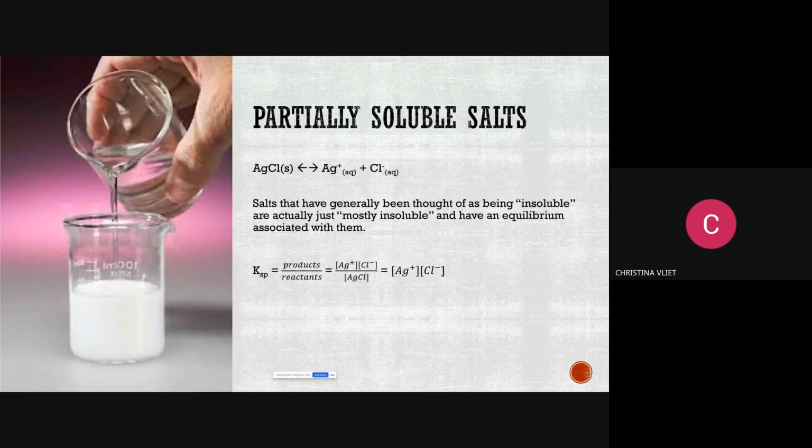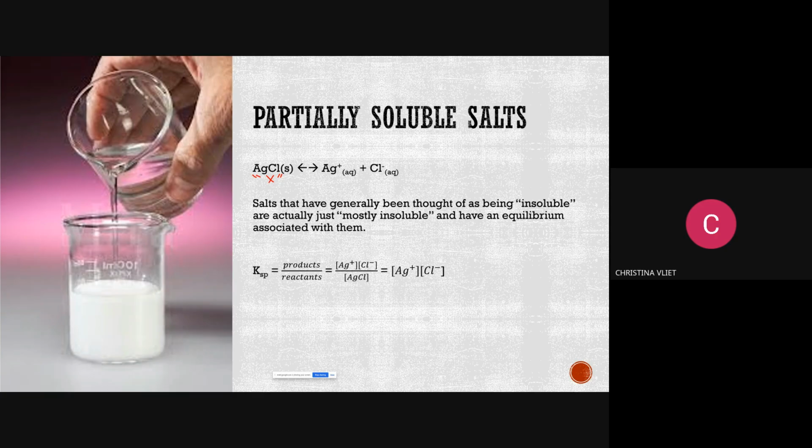So a week ago when we went over partially soluble salts, we said that AgCl, for example, breaks apart, but only a very small amount. We would define that amount as X, how much it breaks apart.